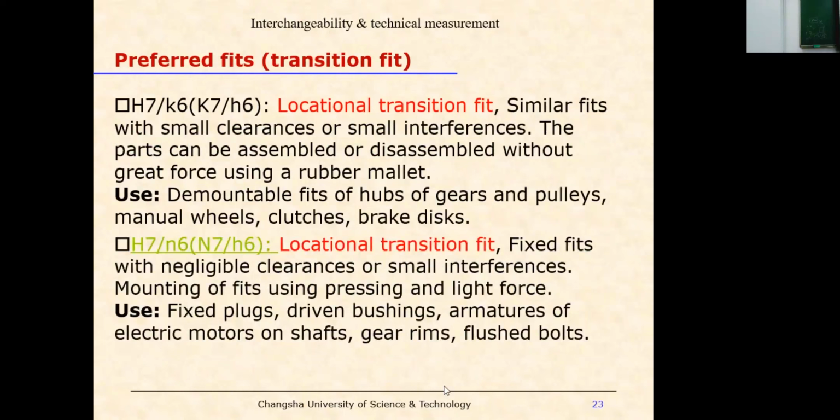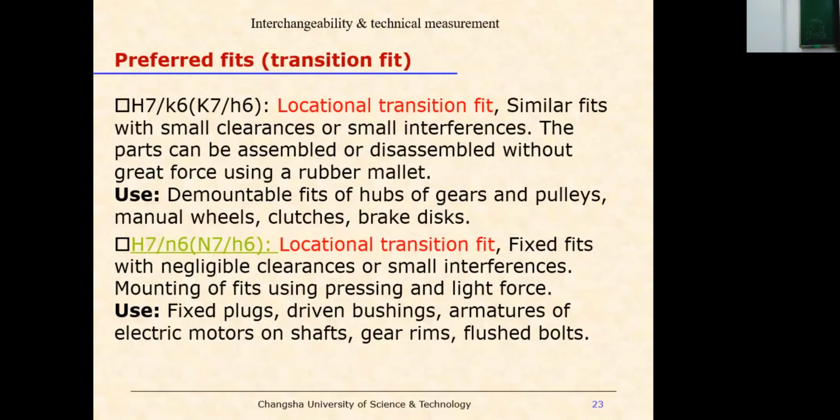The locational transition fit. The fixed fit with negligible clearance or small interference.